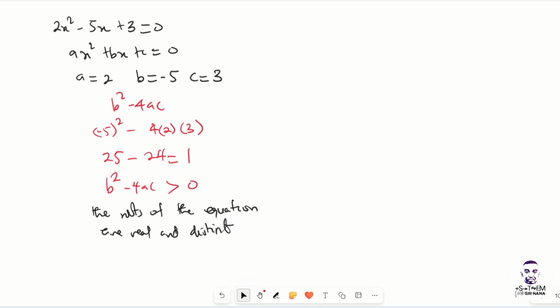So this is the nature of the quadratic equation. Because we got the value 1, which is greater than 0, we can conclude that the roots of the quadratic equation are real and distinct.